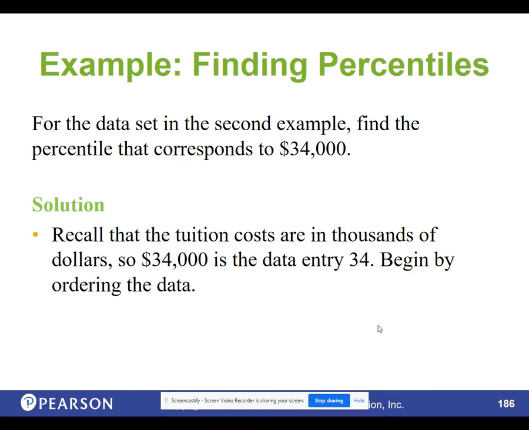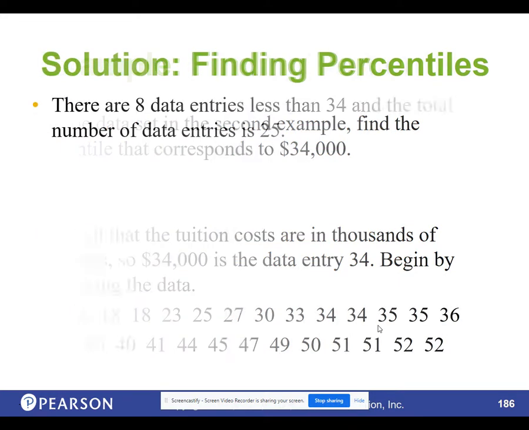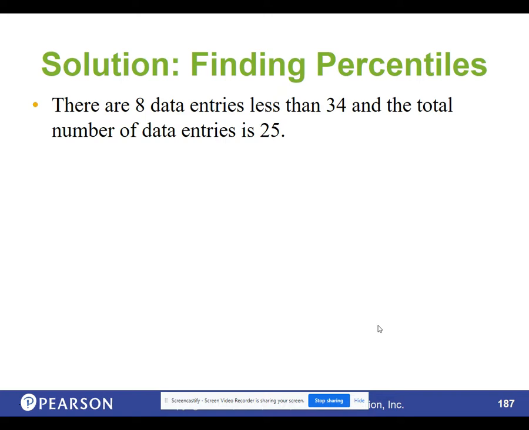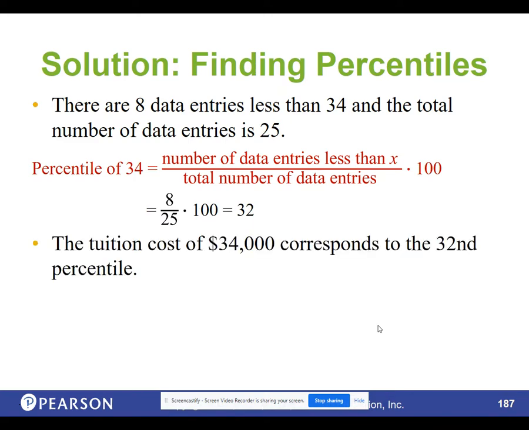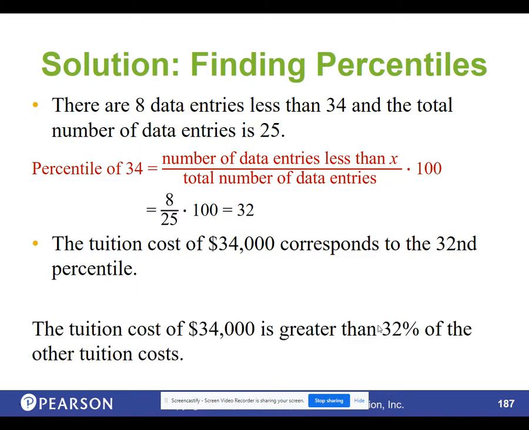Recall the tuition costs are in thousands of dollars, so the data entry is 34. Begin by ordering the data. There are 8 data entries less than 34, and the total number of data entries is 25. Therefore, 8 divided by 25 times 100 makes you in the 32nd percentile. Again, it's a pretty simple computation.